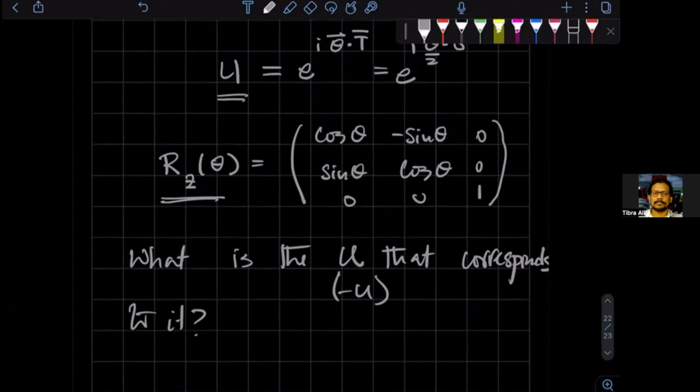So to see this, we know that we can always build up a finite rotation from a series of small infinitesimal rotations, right? So let's see if we can use that to our advantage.